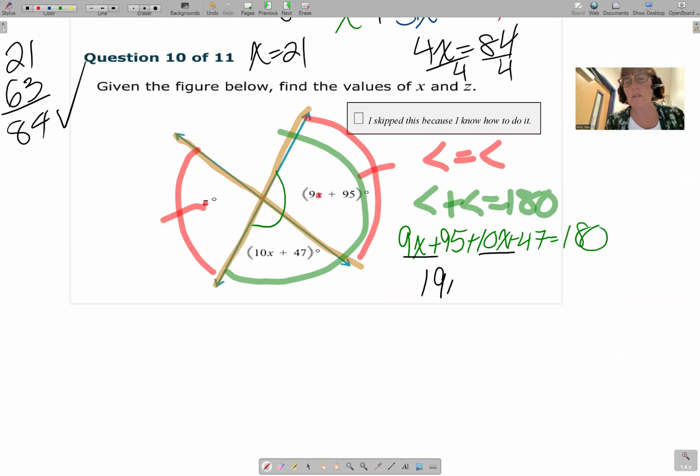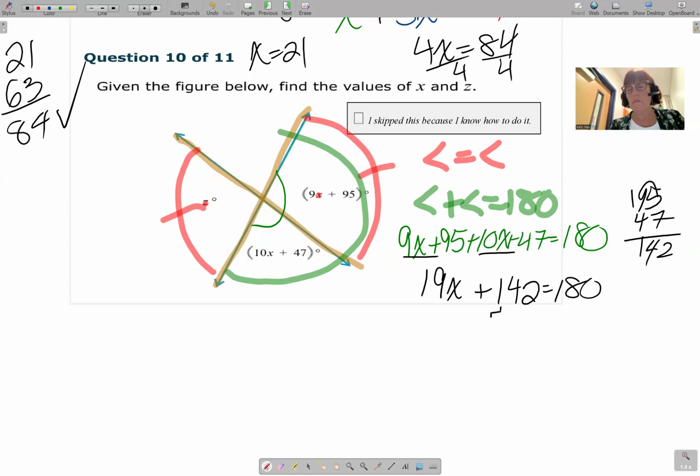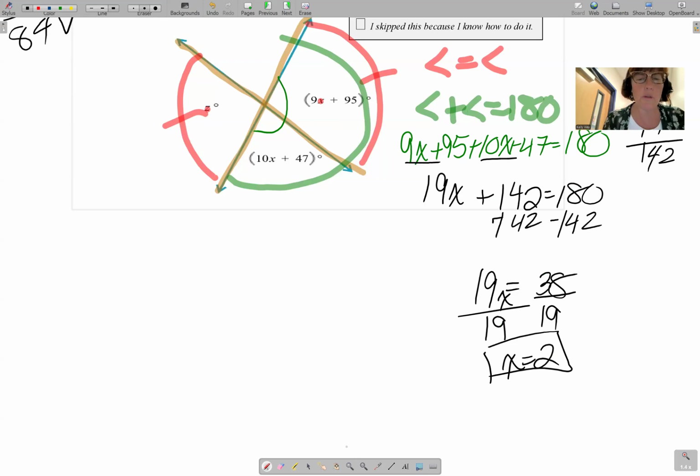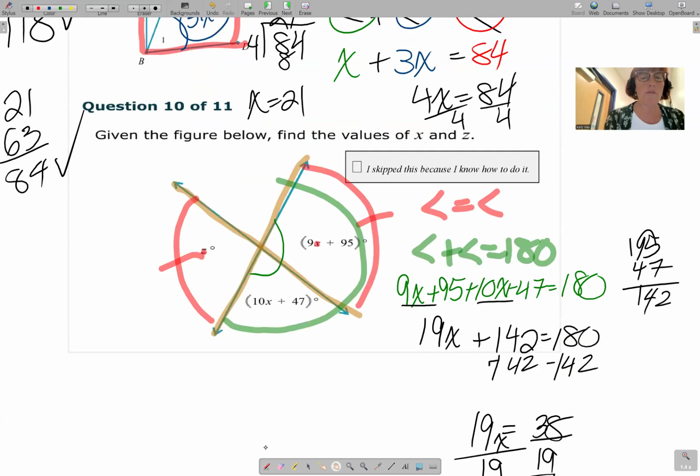You have 19x plus 95, 47, 12, carry the 1, and it's going to be 14. x equals 2.